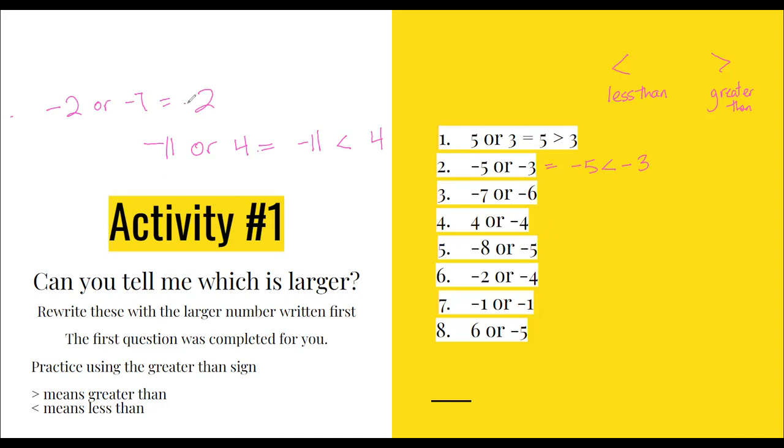What sign would I use here? Is -2 greater than or less than -7? Greater than. So I use the greater than sign. Everybody understand that? Yes. All right, excellent. So you're going to complete numbers 3 to 8. You could copy the first 2 that we did together. You're going to complete this for me, and then we're going to correct together.